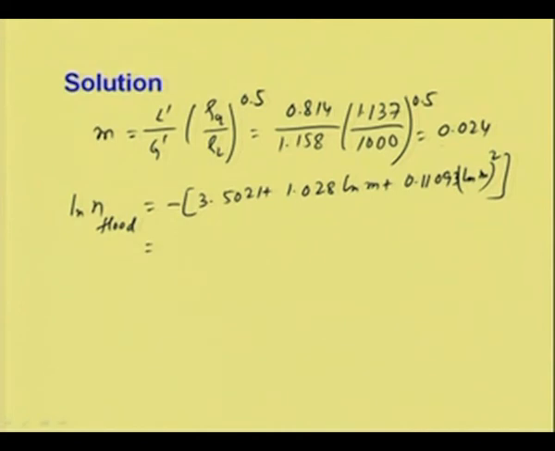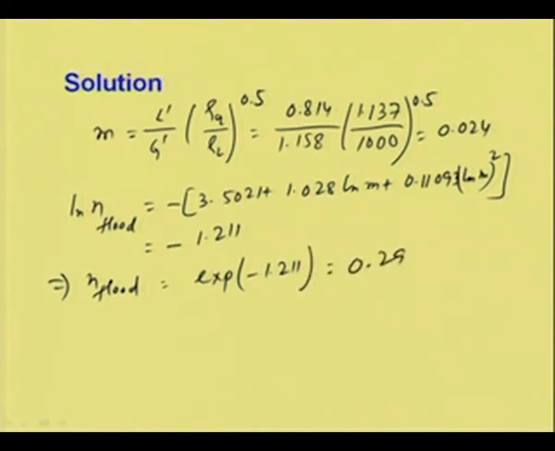So, if we put the value of M, this will be minus 1.211. So, N flood from this will be exponential of minus 1.211, which is equal to 0.298.